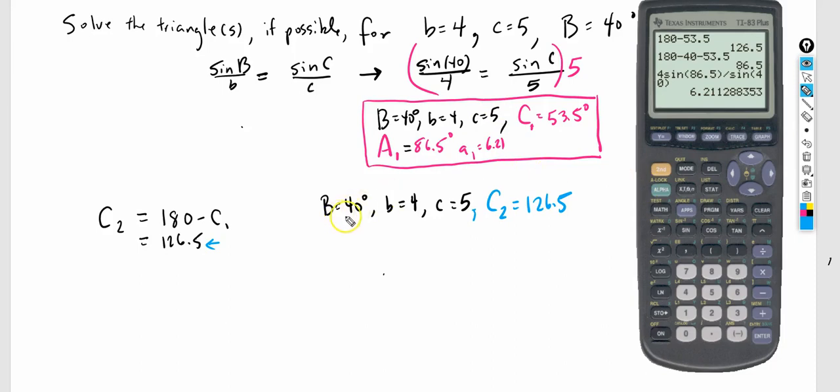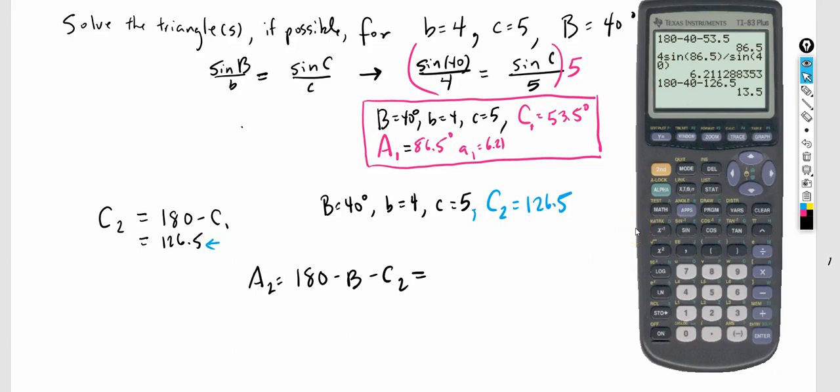So if I need to solve this, I'm going to need to find A2 for the angle and the side. Okay. Well, if I'm going to find A2, again, that's going to be 180 minus B minus C2. And so that's going to be 180 minus 40 minus 126.5, which is 13.5.